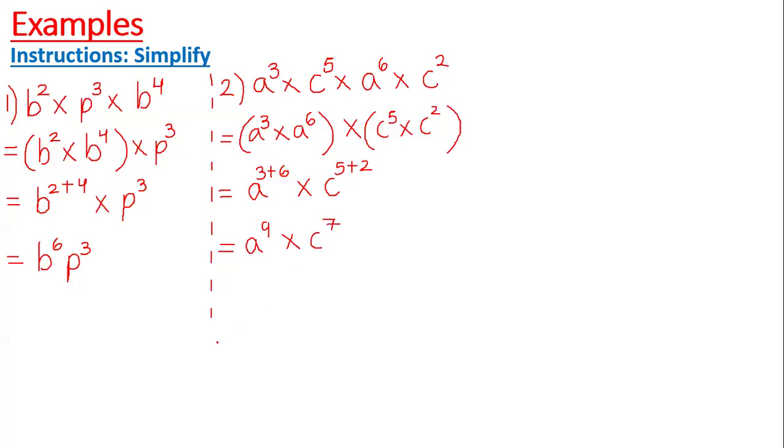Let me know, please. Okay, one more final step. It's going to be A to the power of 9, C to the power of 7. All right, does that make sense to you all? Yes, sir.